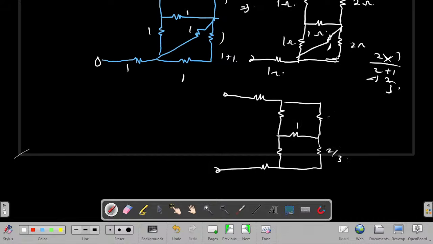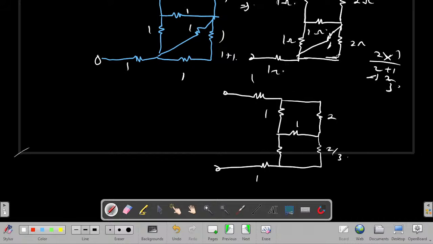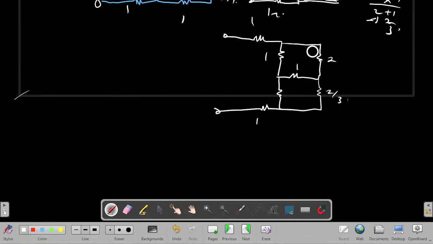Here is 1, here is 2, here is 1, here is 1, here is 1. Take note of that. At this point, we have a delta configuration here. To simplify a delta configuration, between any two resistors you introduce one resistor. So I'll have one here, another between this and this, then another. Therefore, here is A, here is B, here is C. Now let's find the values.